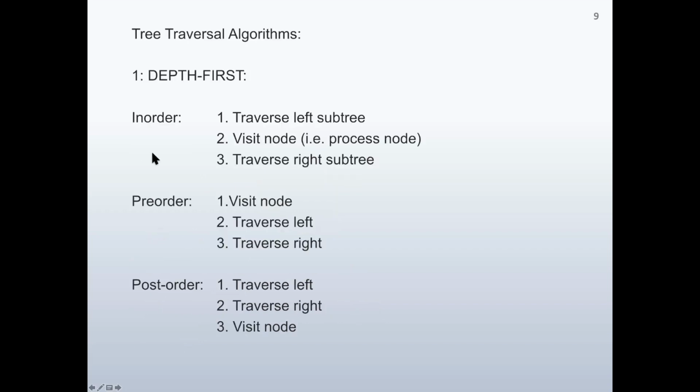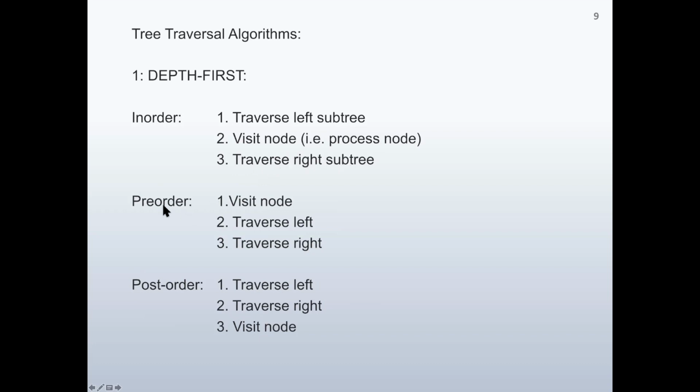We have 3 traversal algorithms to visit each node in the tree. First, we will consider depth-first traversal algorithms, which are in-order traversal, pre-order traversal, and post-order traversal. In the in-order traversal, recursively, we traverse left subtree, then we visit the node, that is, we process the information stored in the node, or we can apply some operation on the node, and then traverse right subtree.